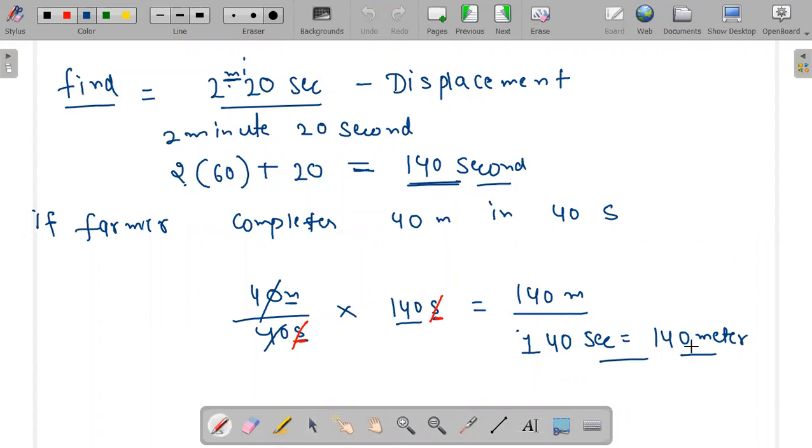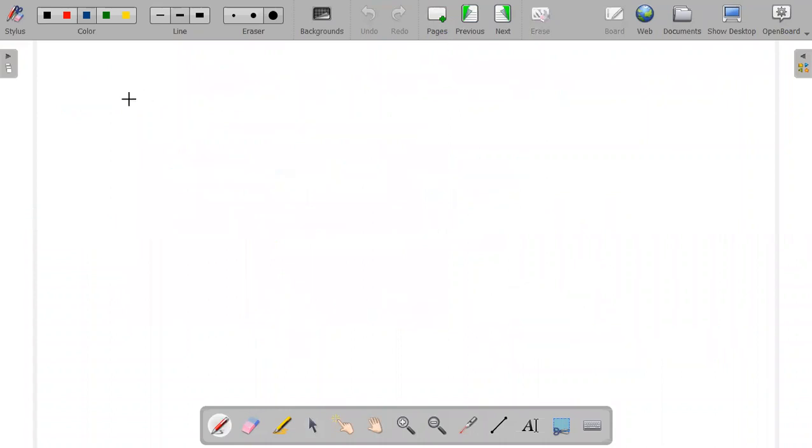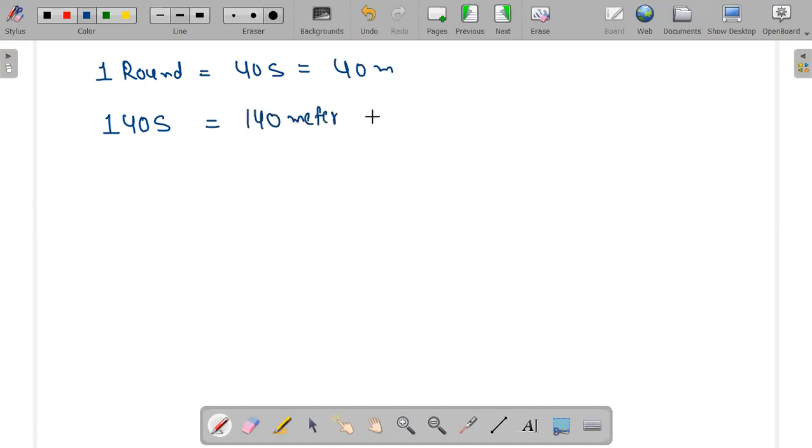So I have to find the rounds. One round takes 40 seconds, and in 40 seconds it completes 40 meters. So if the farmer has 140 seconds and in 140 seconds completes 140 meters, then I have to find how many rounds there are.